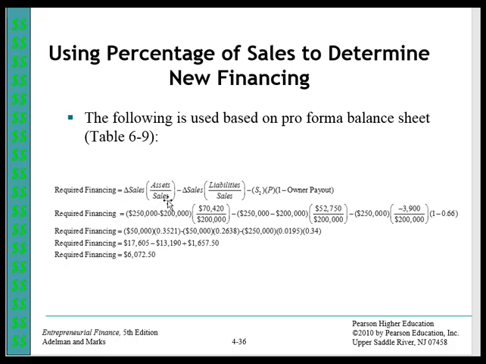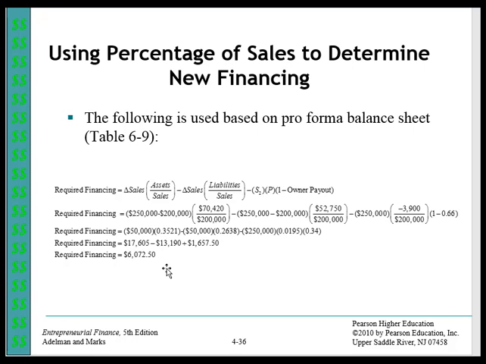That's 1 minus the total asset turnover ratio, minus the change in sales divided by liabilities divided by sales, minus, again, this S2 here, that's the ending sales number, times P, right, times price, minus 1 minus the payout ratio for the company. So again, we can find out for this company when you plug the numbers in the end, this company is going to need $6,072 to finance next year's operations.